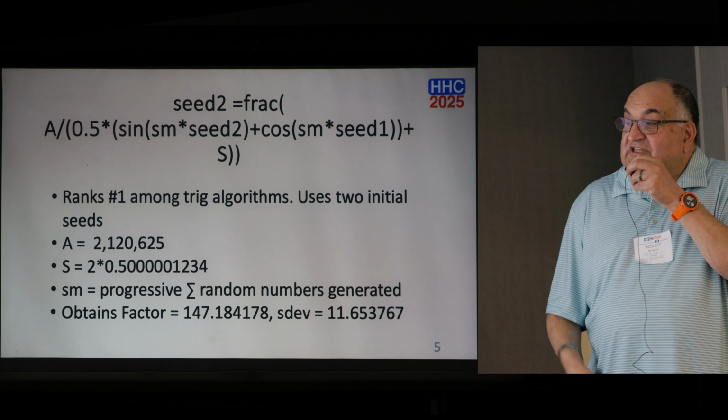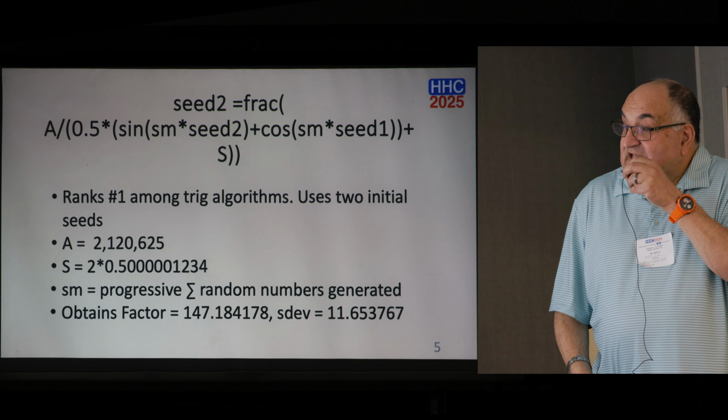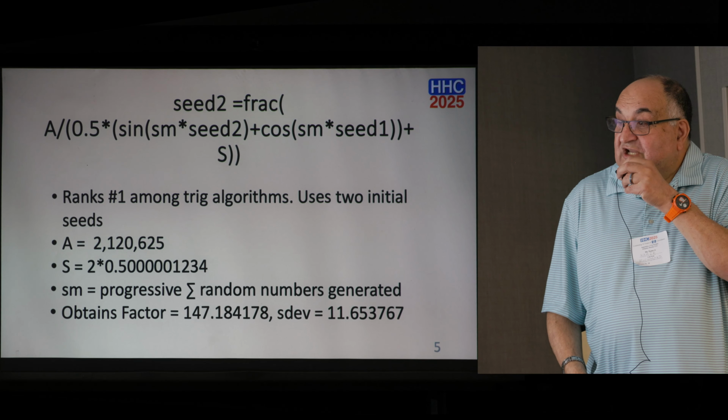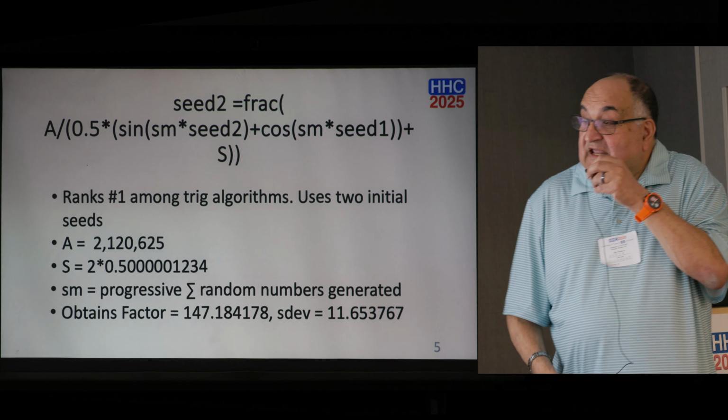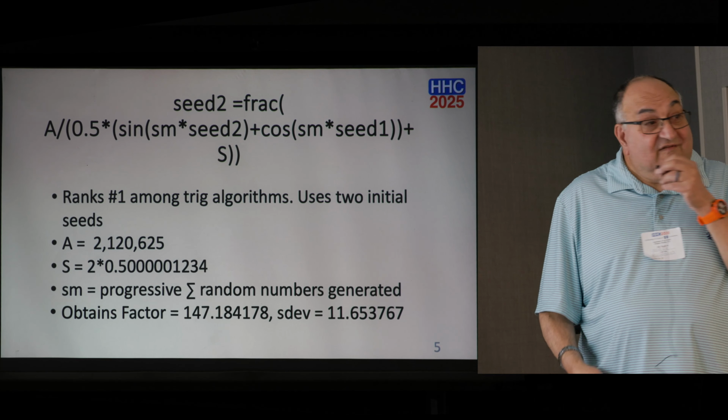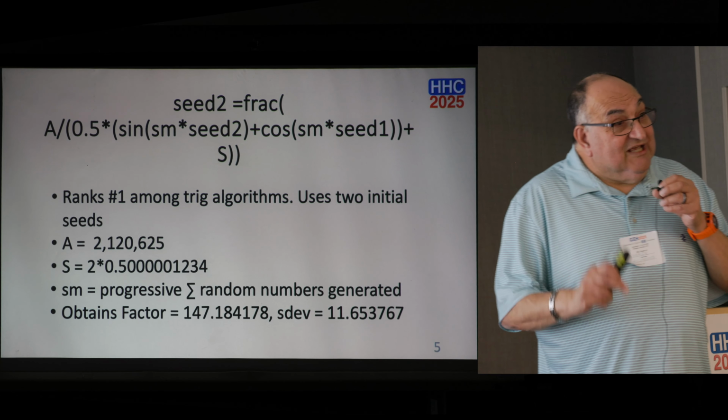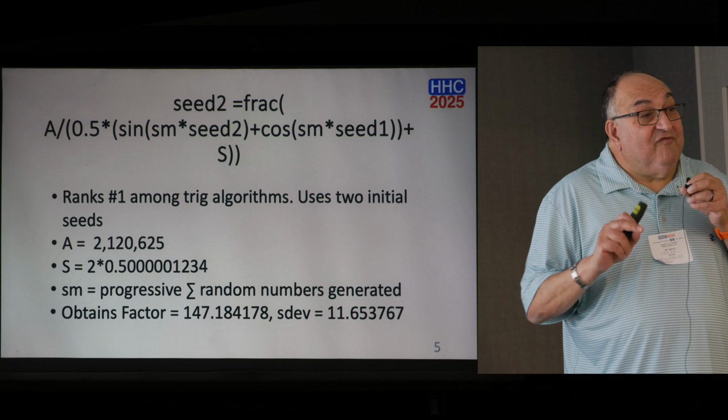And SM, of course, is the progressive sum of random numbers generated. And I obtain a penalty factor of 147. That's good. First, it's below 148, and it's even below 147 and a half. Because the lower you get, it's sort of like trying to get to absolute 0. It's very difficult.